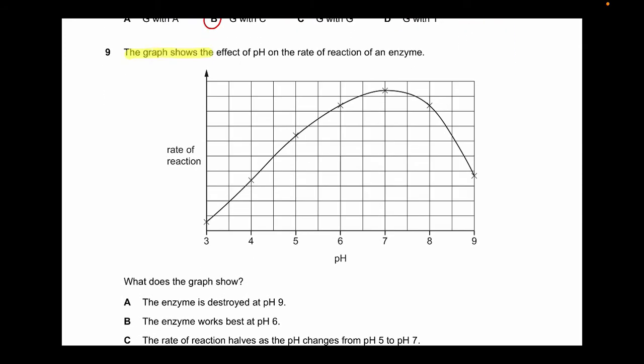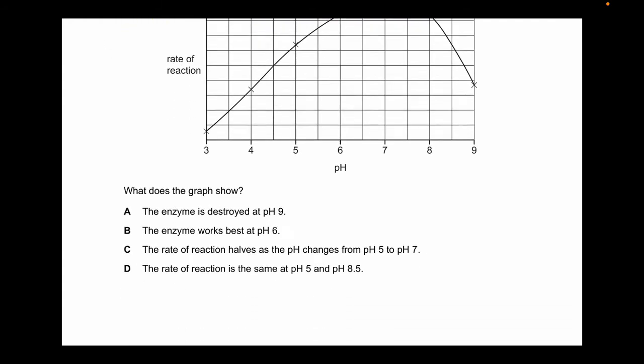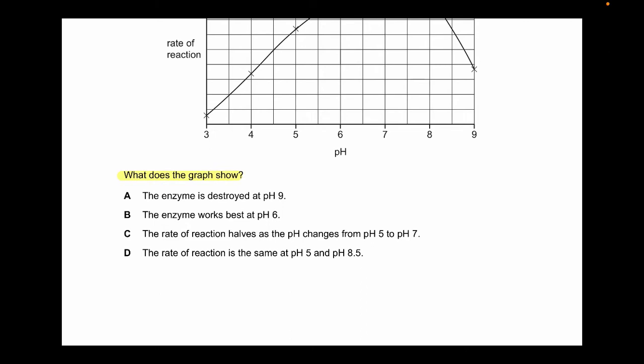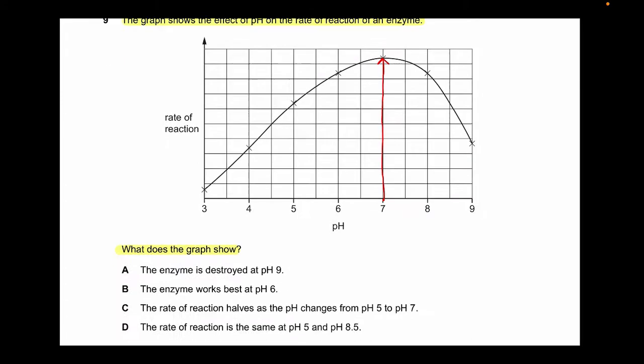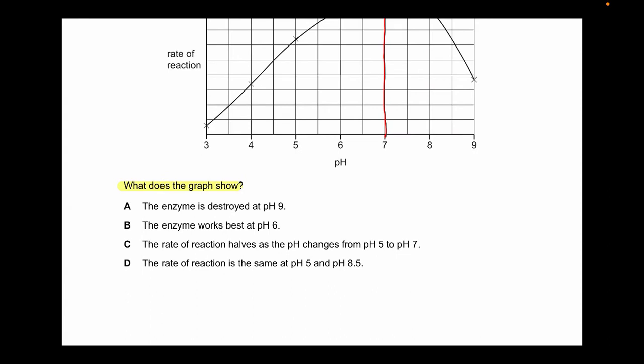The graph shows the effect of pH on the rate of reaction of an enzyme. Okay, what does the graph show? Guys, we can see the graph is showing this particular enzyme is best active at pH 7. Any increase or decrease in pH is decreasing the rate of reaction. So the question says the enzyme is destroyed at pH 9.